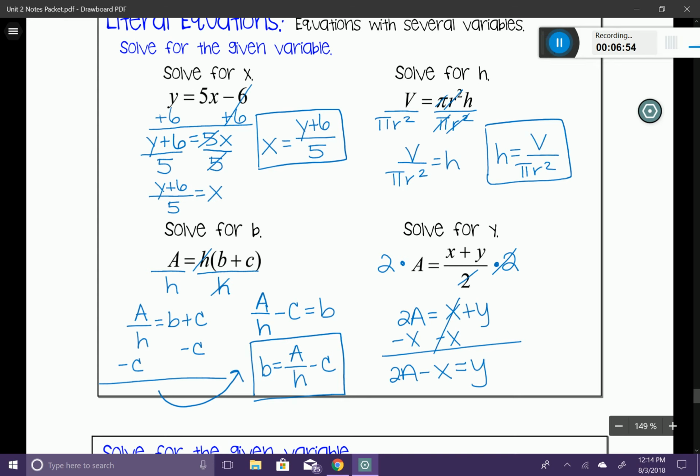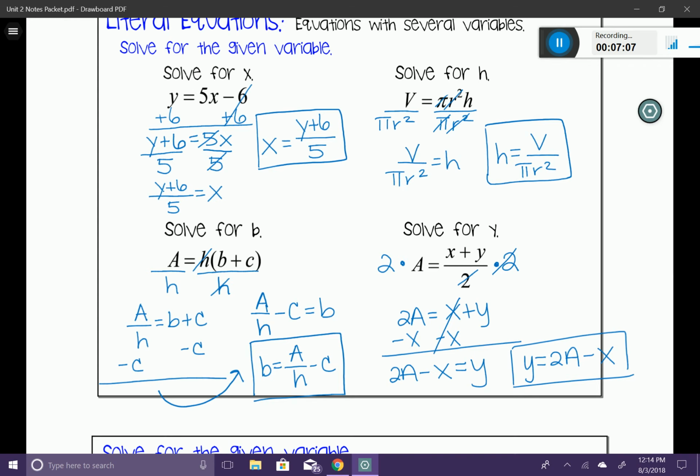And of course, I'm just going to flip it over to y is equal to 2a minus x. And that is my final answer. Now, again, if I wanted to solve for x, I can absolutely do that. I just happen to be looking for y in this case, but we can always be solving for different variables in these types of problems.